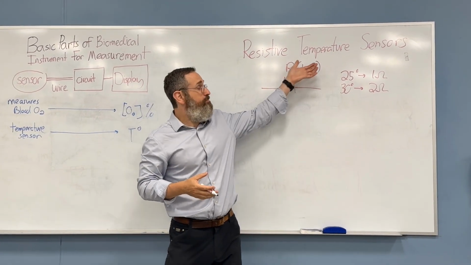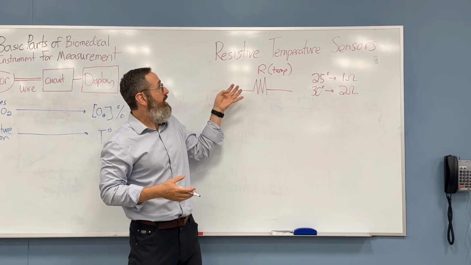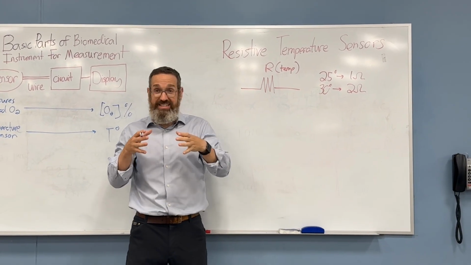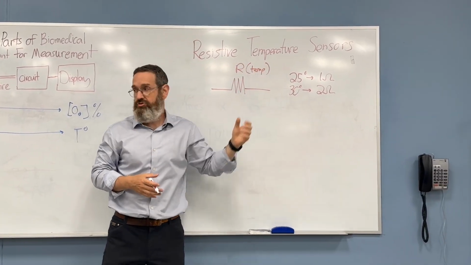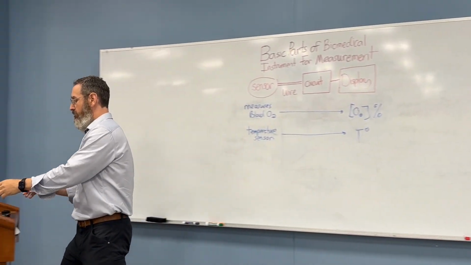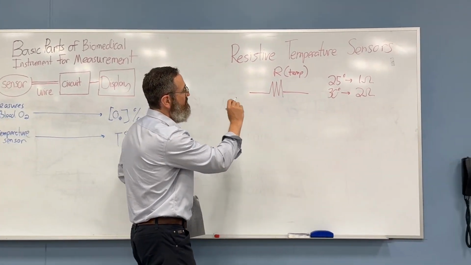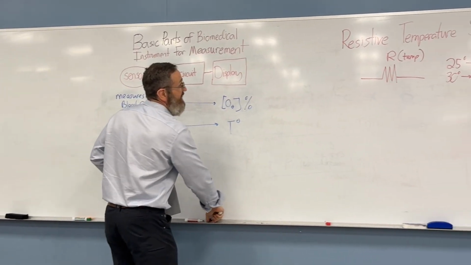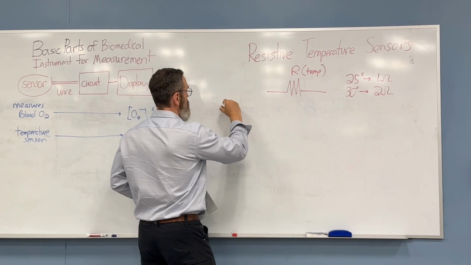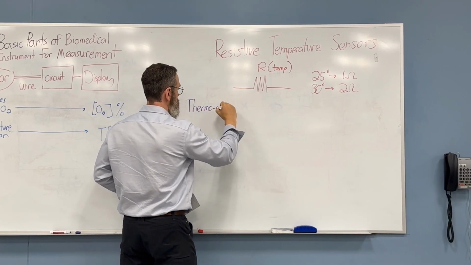But this is the basis for how we're going to make devices that measure temperature based on resistive temperature sensors. So it starts right here. Now, there's a specific kind of temperature sensitive resistor that is called a thermoresistor.